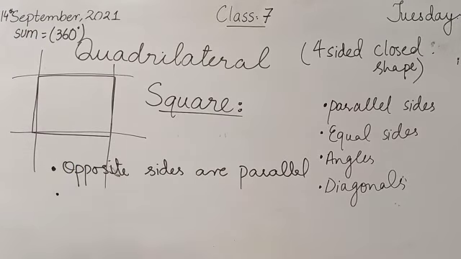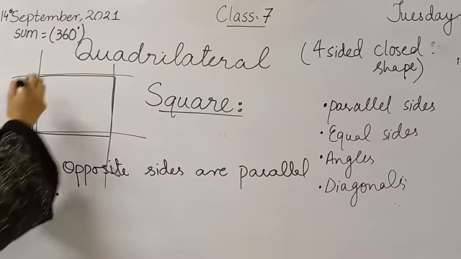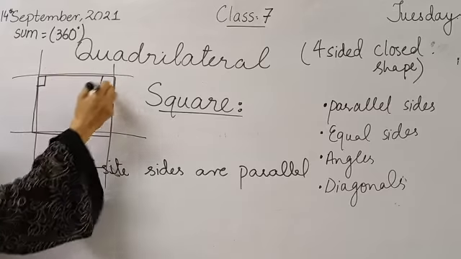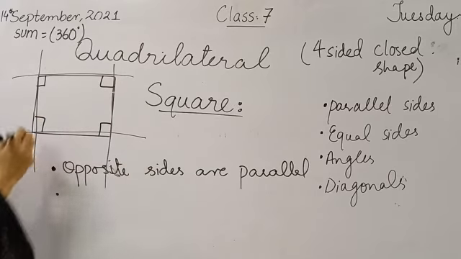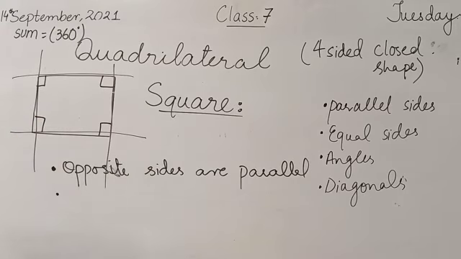Then what about its angles? Third property is about angles. What about its angles? All 4 angles are right angles. So we'll write all 4 angles are right angles. The last one is diagonals. What about its diagonals?